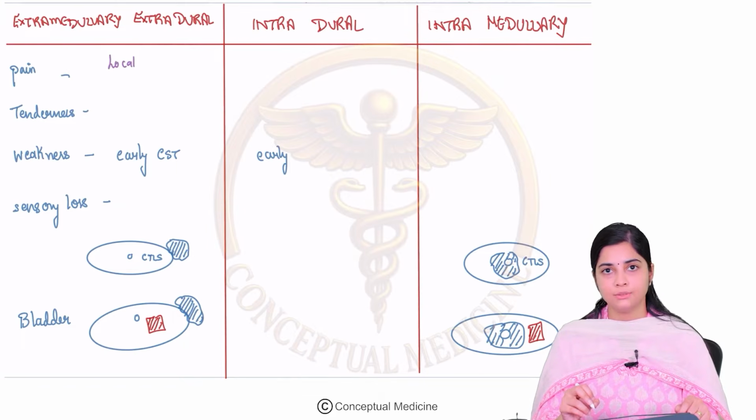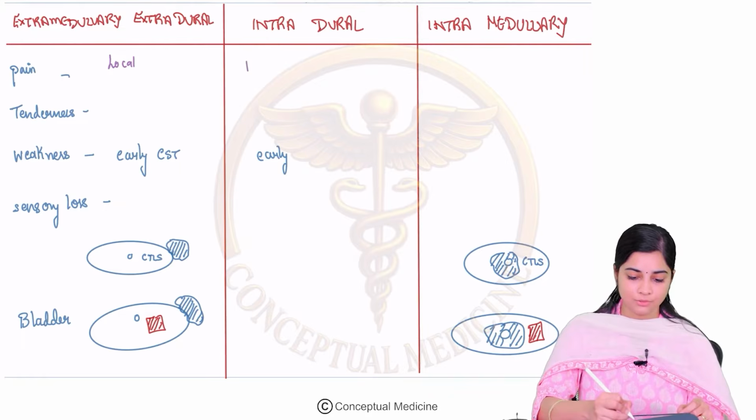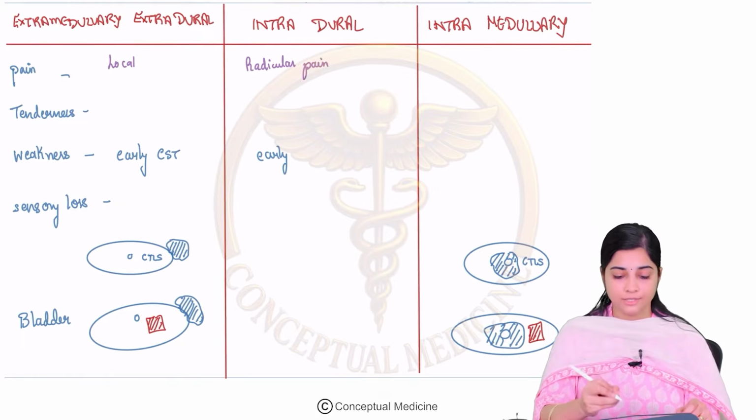Intradural extramedullary lesions like your meningioma, schwannoma. What comes out in that intradural space is the root, so you will have radicular pain. How do you define radicular pain?